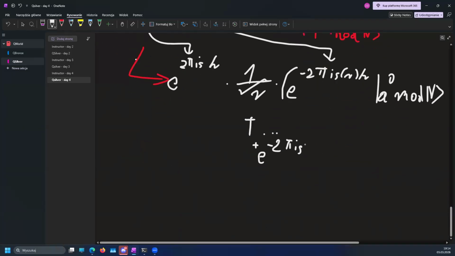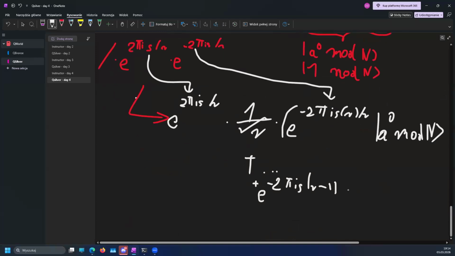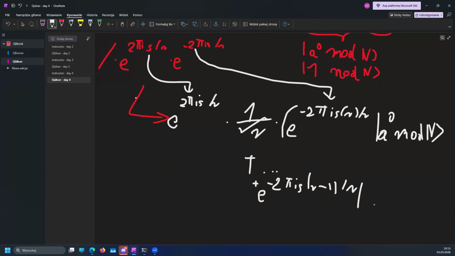So now we can write it in this way, yes. Here you also need to remember this thing that we spotted. Then it will become clear why we express it in that way. a to the power of r minus 1 mod n, yes.